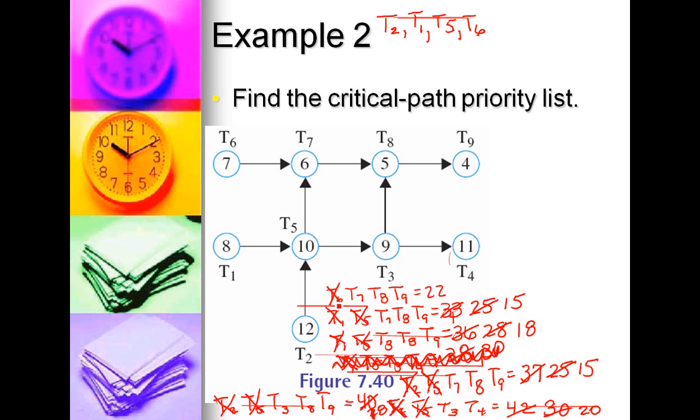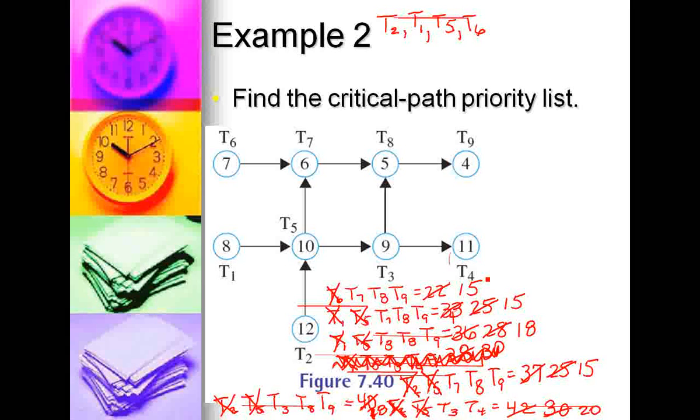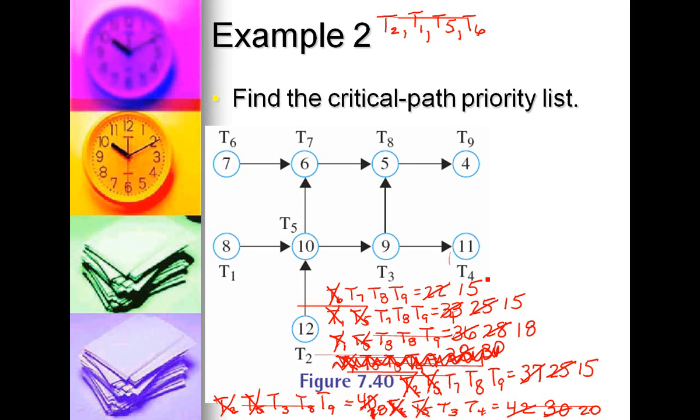So everywhere we have T6, we eliminate it. It has a weight of 7, so that brings us down to 15. Now the largest I see now is 20, so T3 is next on our list.